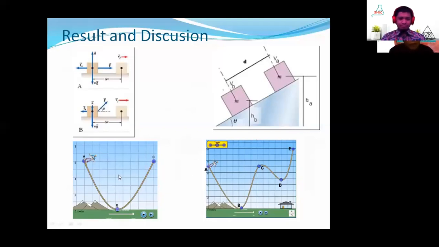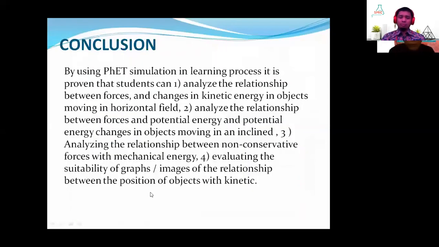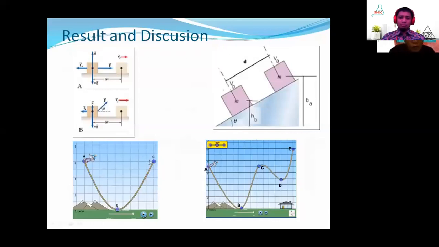And the third question: students play the game using the ramp. They put the object, for example the human, here at B, and release it, and the human moves downward from A to B until C, and then from C to B and A, and so on.